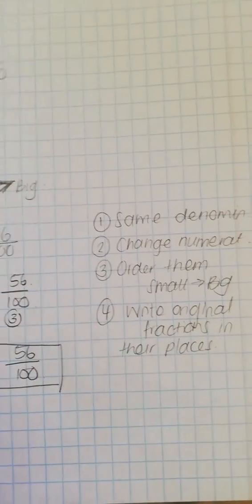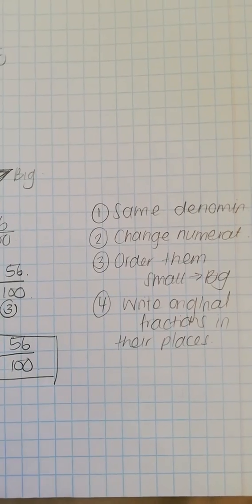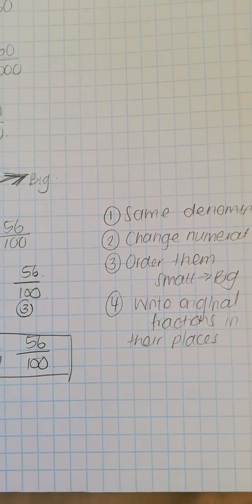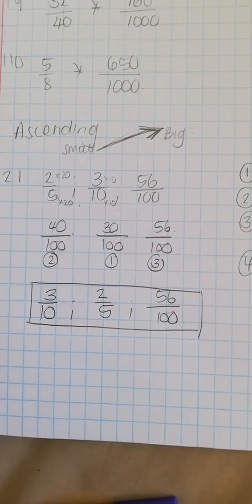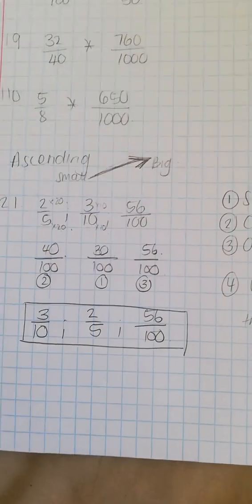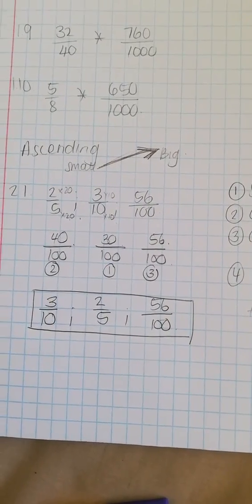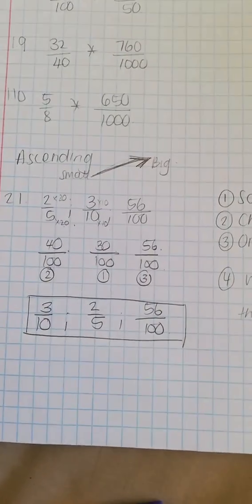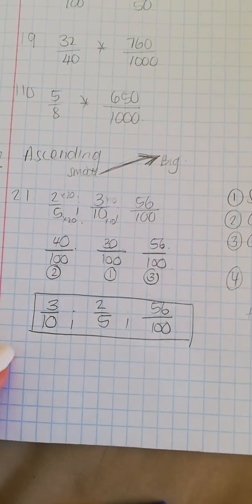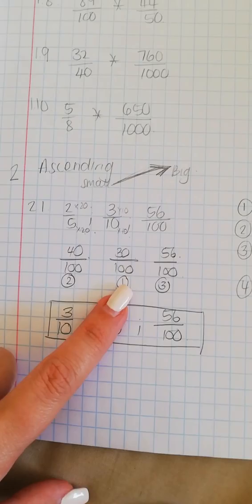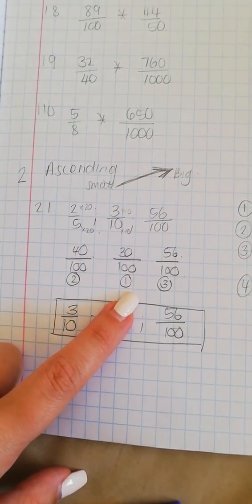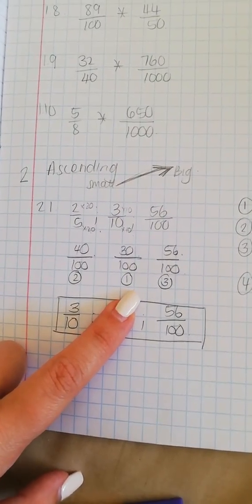And then we put them in order. So we've changed the numerator, we've made sure the denominators are the same. And then we put them in order from the smallest to the biggest, because it's in ascending order. Ascending is like when an airplane goes up, it ascends, so it's getting bigger. So the smallest, which is 30 parts of 100, is covered.